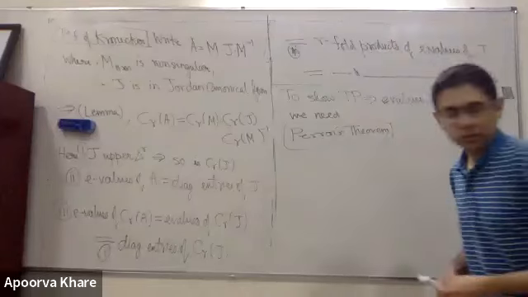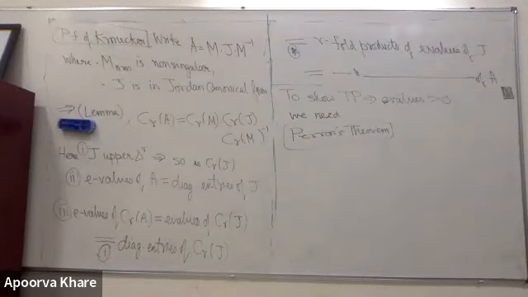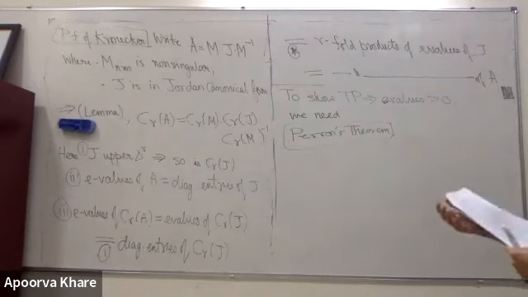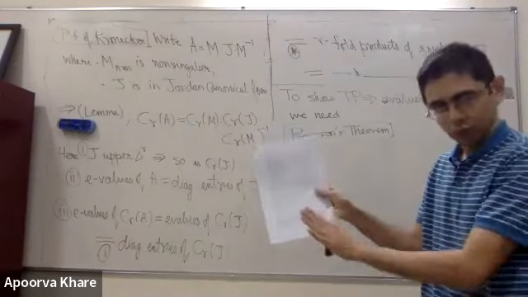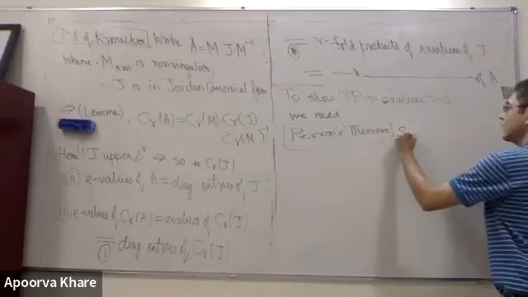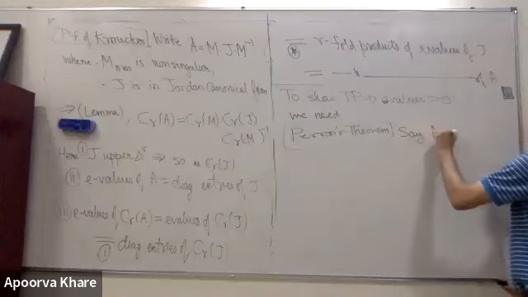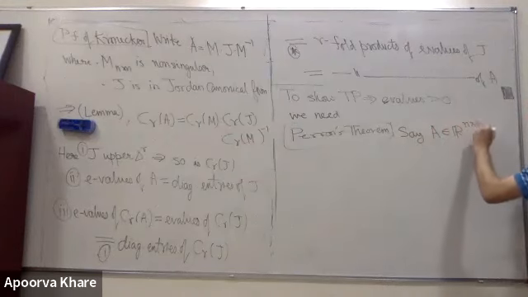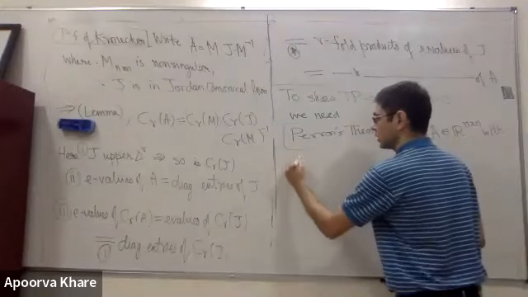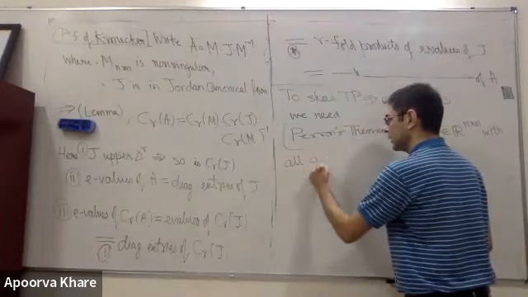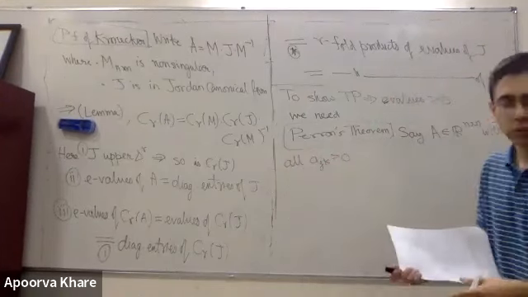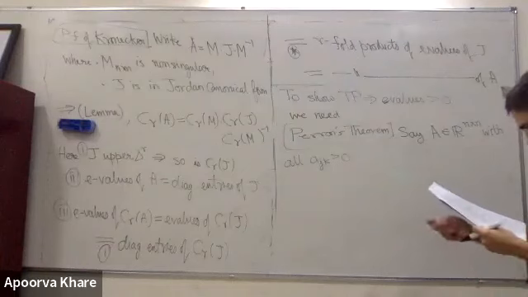I'll just state Perron's theorem, not Perron-Frobenius. That is a harder theorem to prove. A full proof of Perron's theorem actually exists in your notes if you want. So let's say A is a real square matrix with all entries positive. Let me call it A_jk. This is why I like to call the indices j and k, because i is the square root of -1 and we are working with complex numbers.